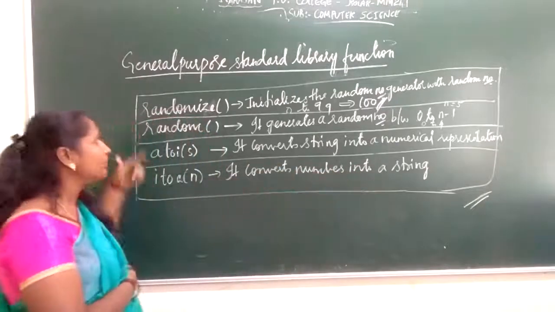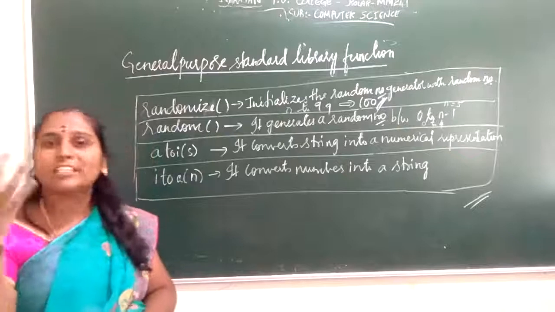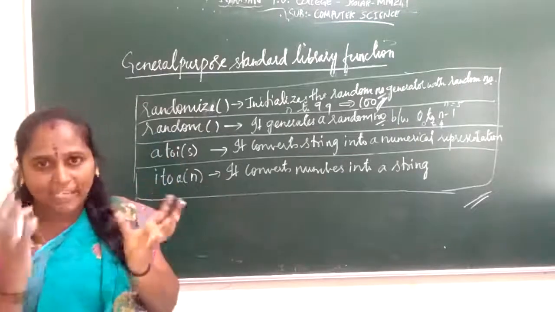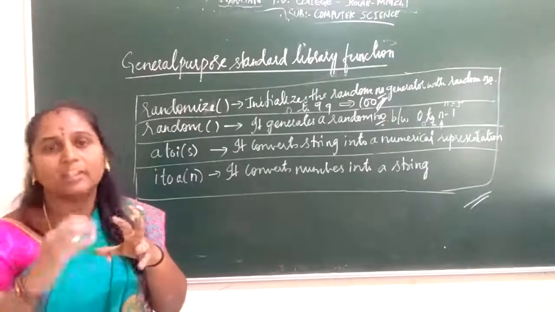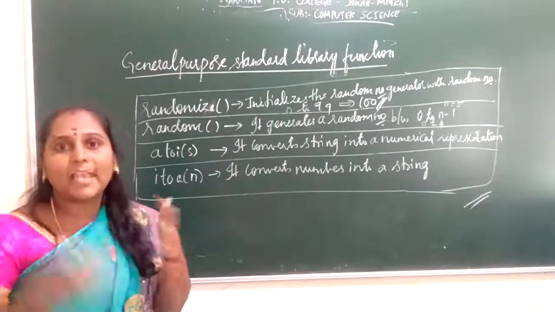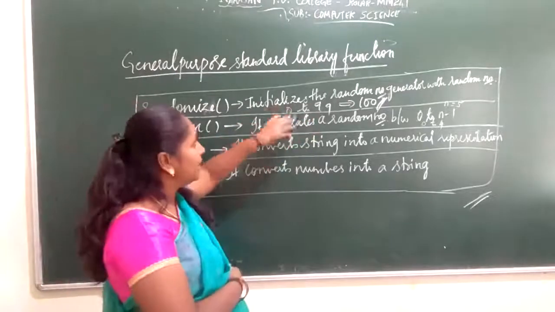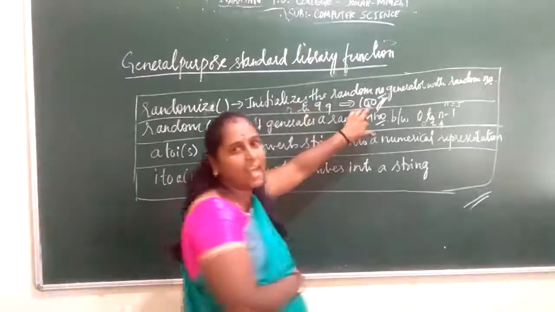Once again, randomize initializes the random number generator. You are given some range, and within that range it considers the maximum random number; it initializes a maximum number. For example, for 0 to 99 the randomized value is 100.